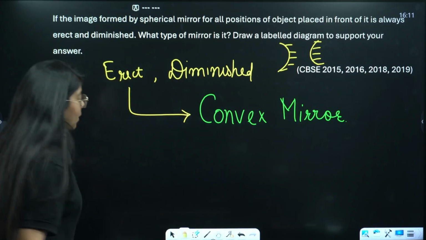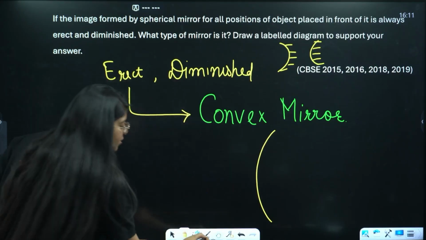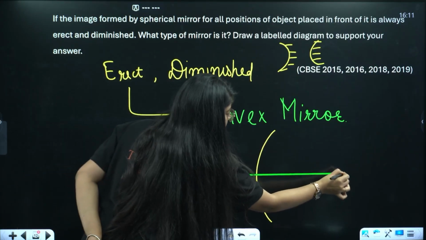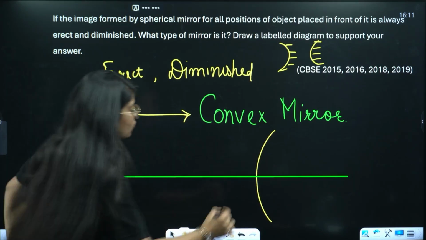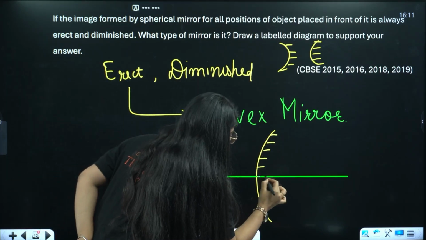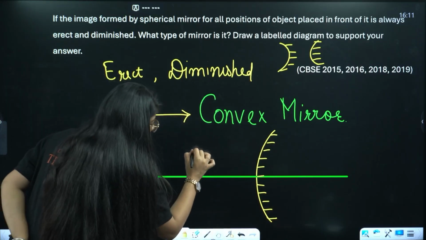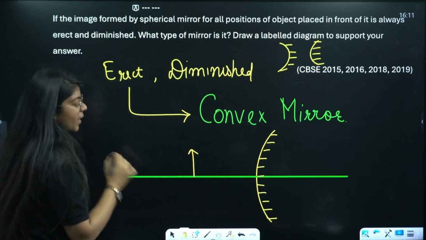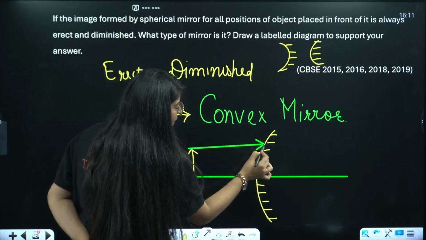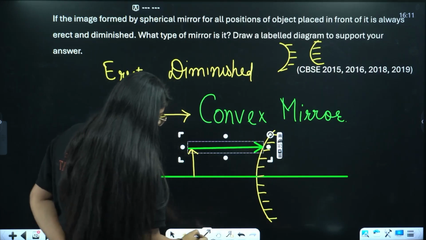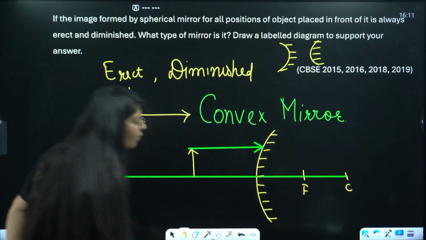So the labeled diagram is, we have to show this is my convex mirror, understood, and then this is the principal axis. Now we have to show that the image will always be diminished. So if the object is placed anywhere between infinity and optical center, let's say this is my object. This is the first ray that will be going parallel, and let's say this is the focus and this is the center of curvature.